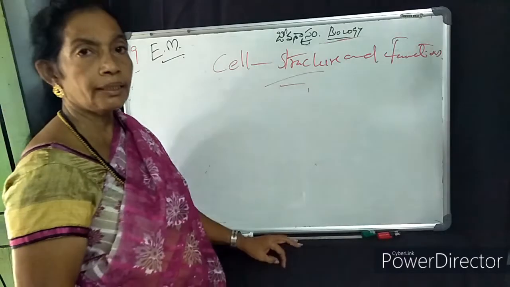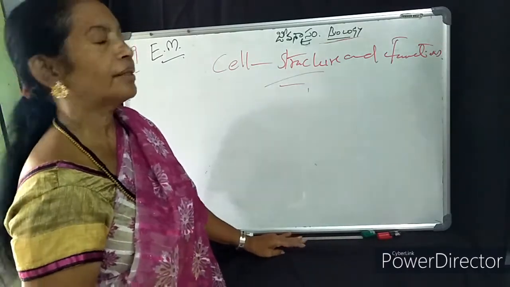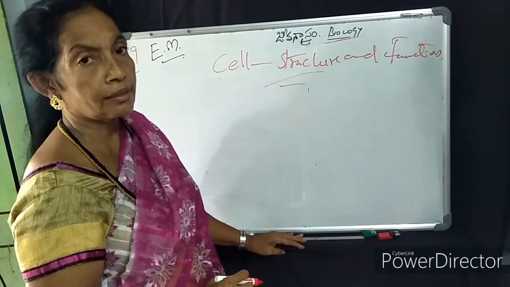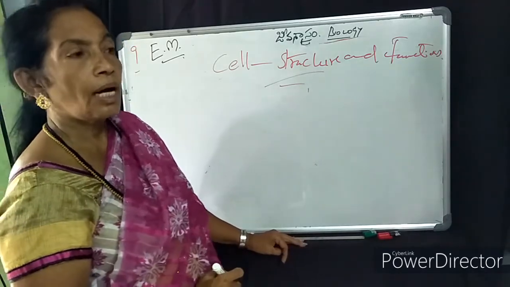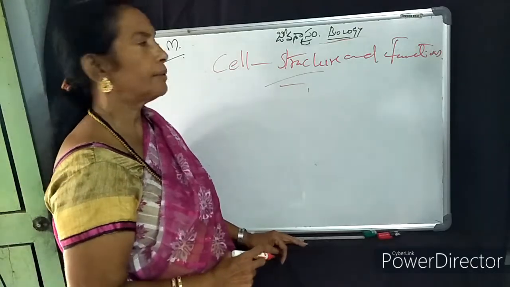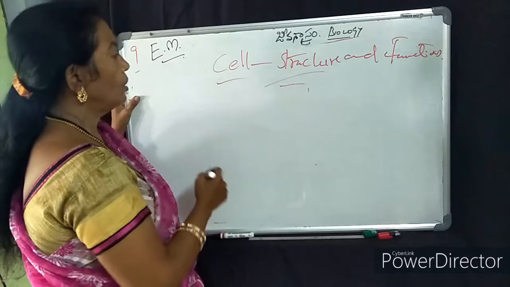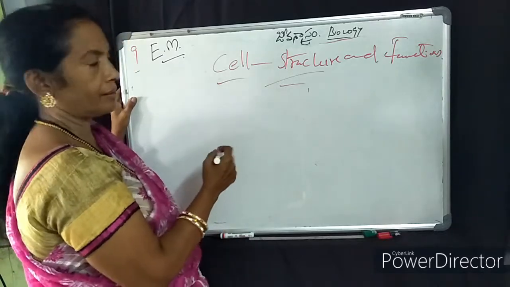Last year you have already learned about the cell, what a cell is, and where we find cells. So already in 8th class you got a clear idea about the cell. So where do we find cells?